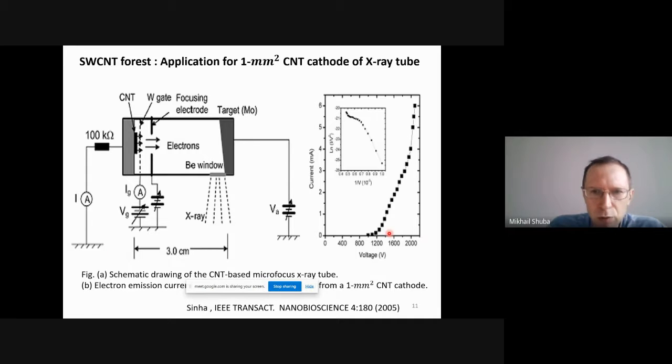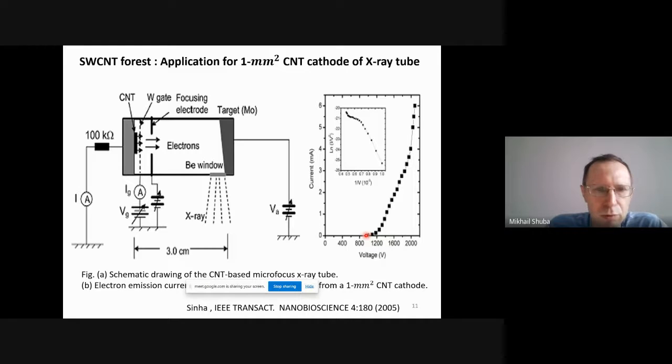The dependence of the electron emission current versus applied voltage demonstrates the possibility of room temperature emission of electrons at not very high voltage. For example, emission occurs at 900 volts at room temperature.